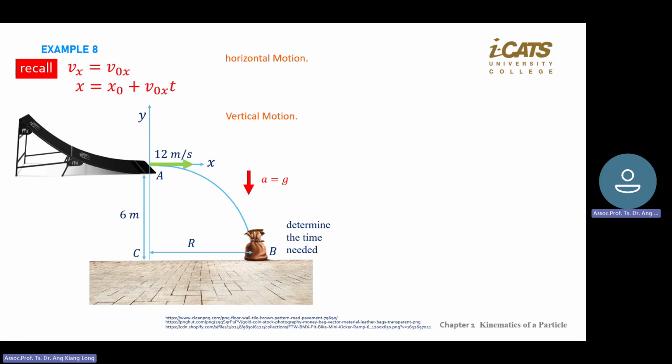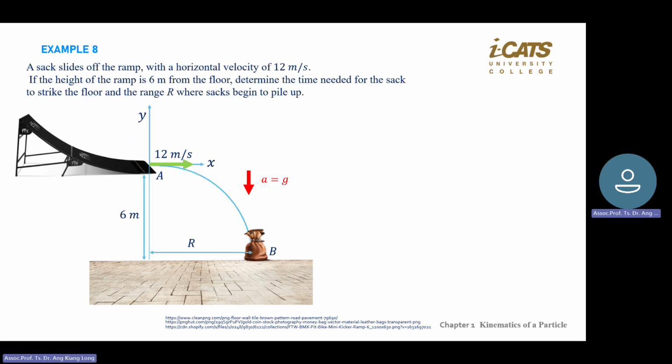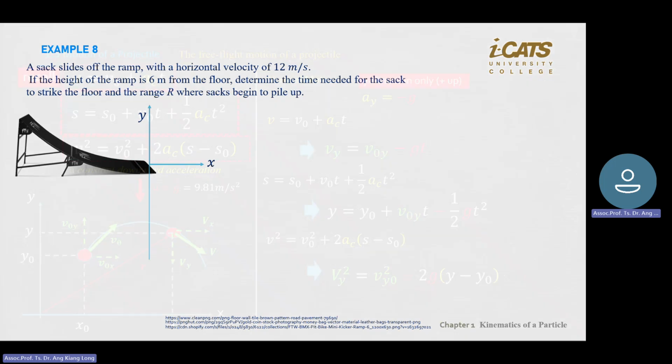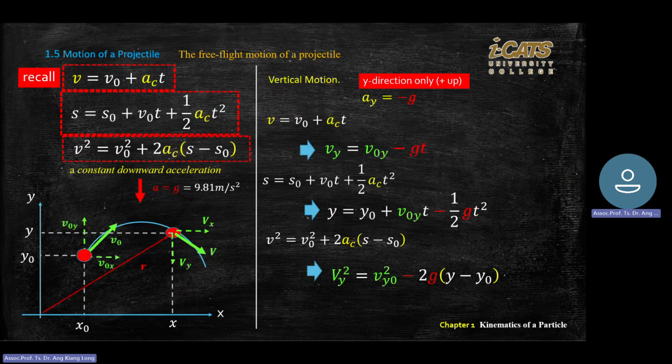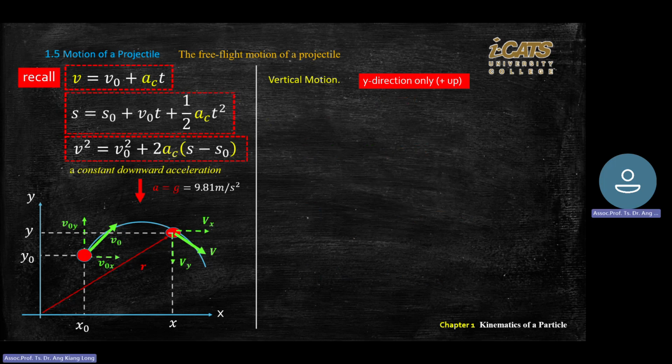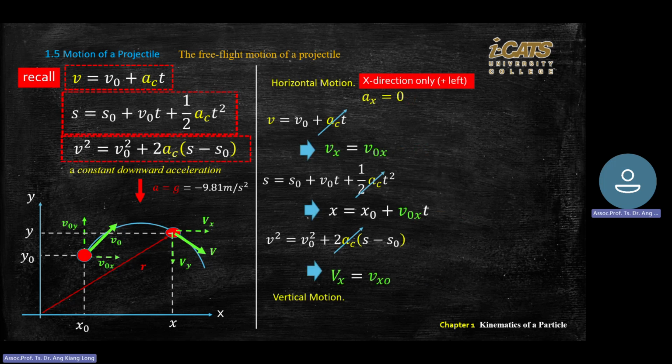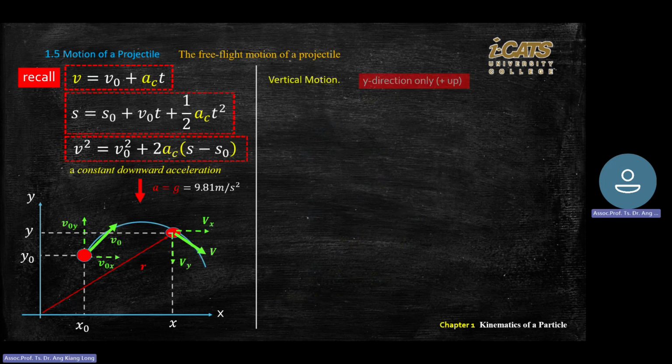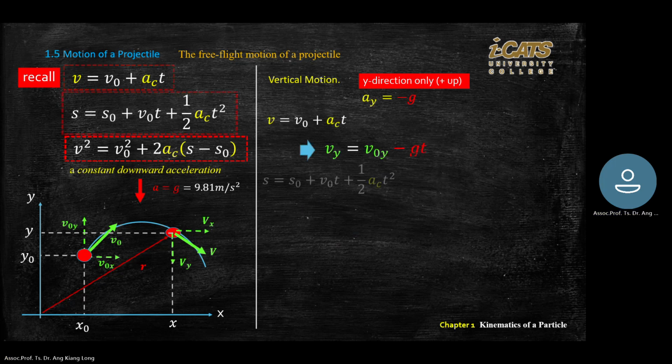Every time you do the same. You don't need to look at the question every time you see projectile question. What you do, you write these 3 equations. And then first step is to derive the 3. You put in ax equals 0. Substitute here, get these 3 equations. Next steps, you substitute ay equals minus g. Get 3 new equations from here.